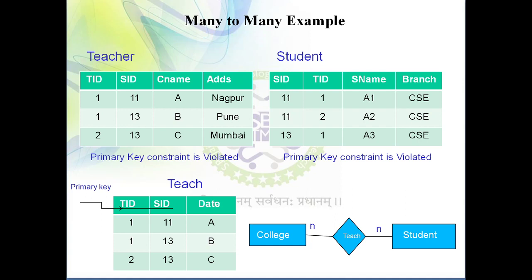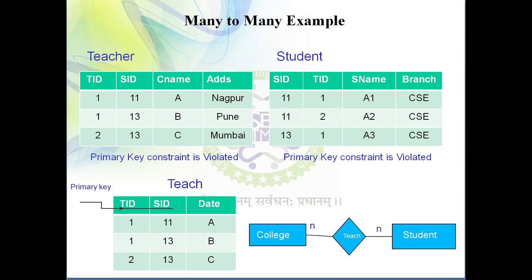In the teacher table, the primary key is formed with a single attribute, teacher ID, and in the student table also the primary key is formed with a single attribute, student ID. And in the teach table, my primary key is formed with teacher ID and student ID.